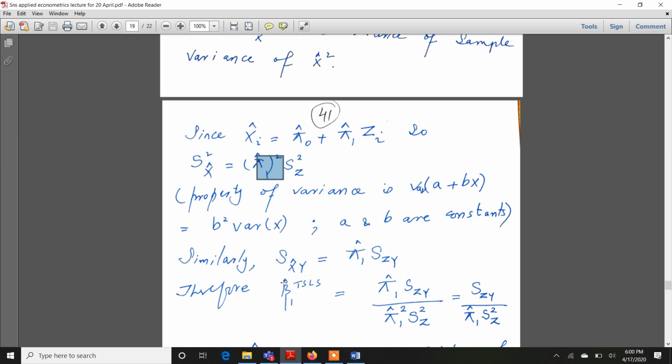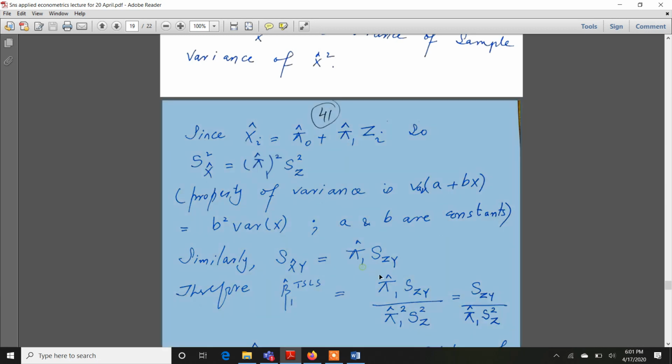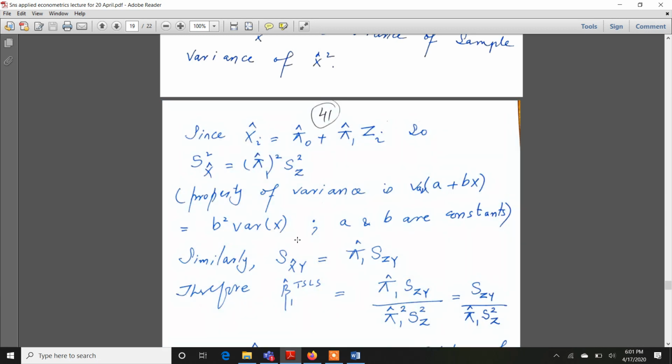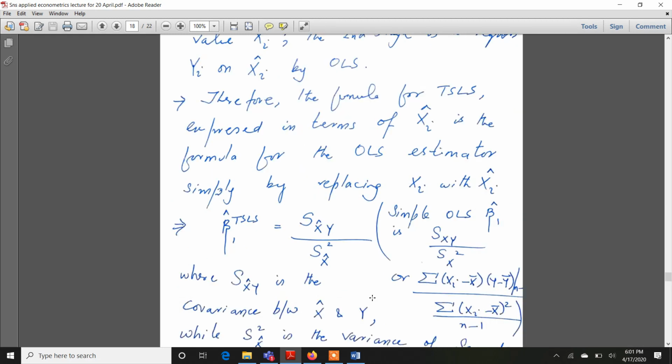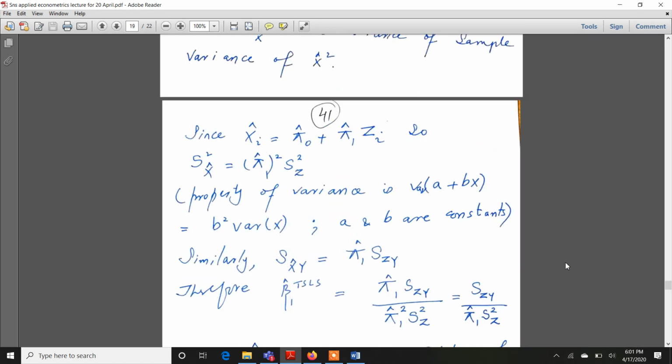Therefore, beta 1 TSLS is equal to, we simply put in these values: the covariance between x hat and y is equal to this quantity, and the variance of x hat square in the denominator and the covariance term in the numerator.